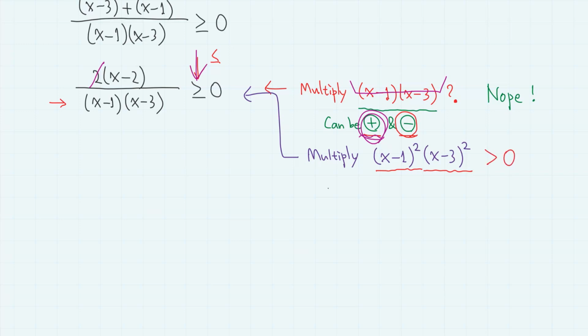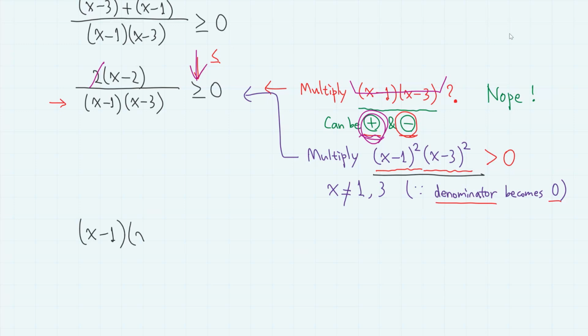The catch here is that it becomes 0 when x equals 1 or x equals 3, but in this case, x cannot have the values 1 and 3 because they make the denominator 0. So by multiplying this, the inequality becomes x minus 1 times x minus 2 times x minus 3 is greater than or equal to 0. And it is good practice to indicate the additional condition that x cannot have the values that make the denominator 0.